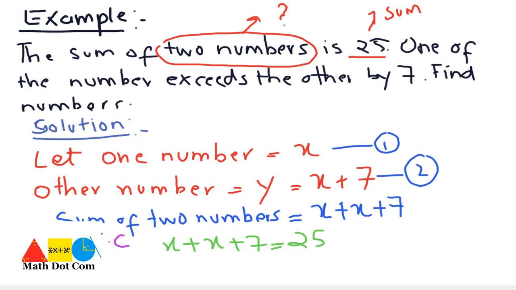This is the third step. As we have already discussed, the first step is to find out the known and the unknown numbers. Then you have to represent the unknown by variables. Then you write the equation according to the statement. Now the fourth step is to solve the equation.